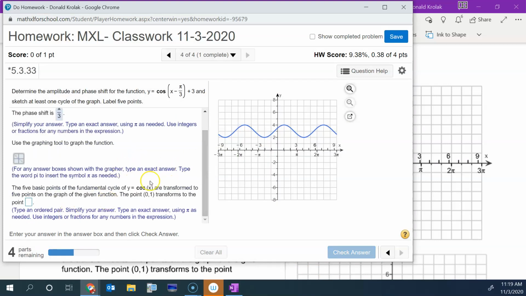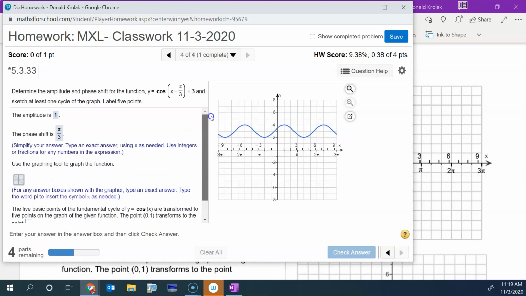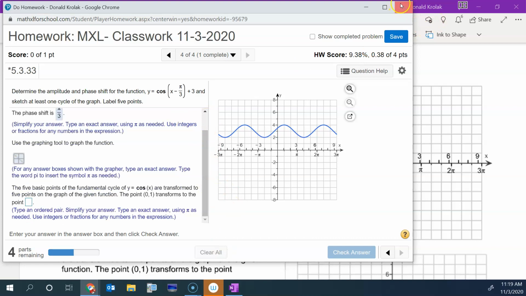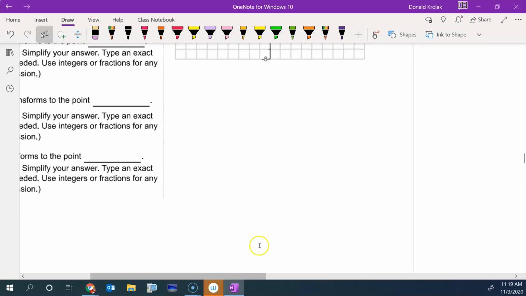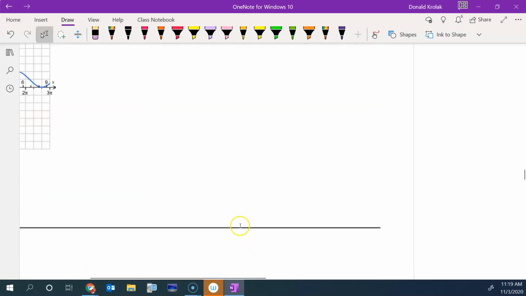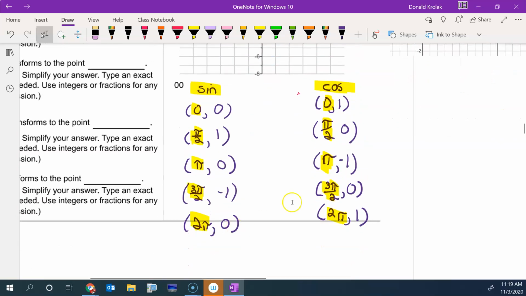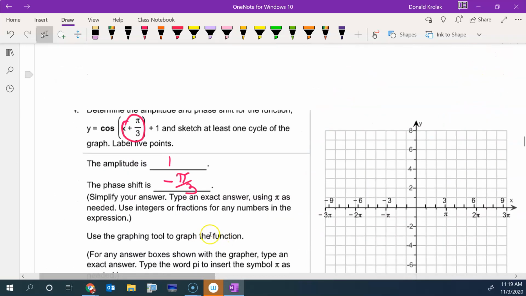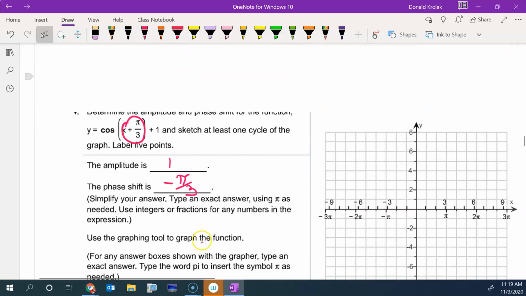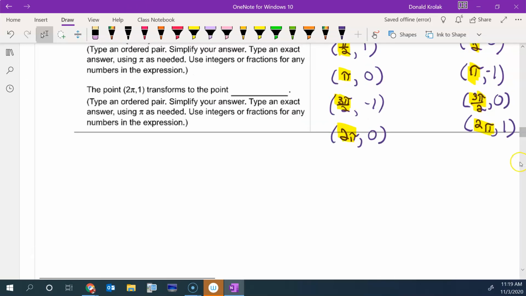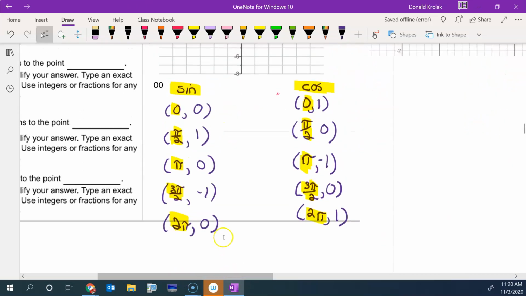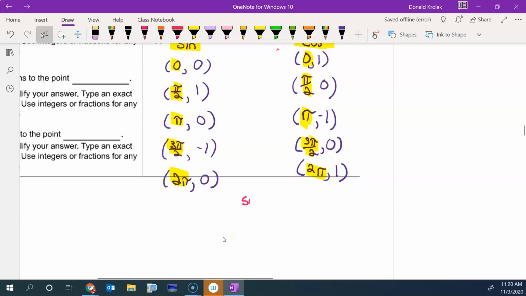All right, now I got to move all those points again. Okay, so mine was a cosine, so I'm moving this set of points, these right here. Okay, and for my equation that I've got drawn up, mine was plus pi over 3 plus 1. Okay, so what that means is I'm going to subtract pi over 3 from the x's.